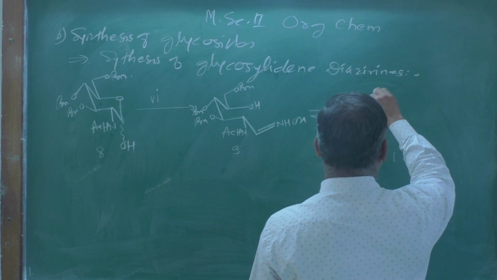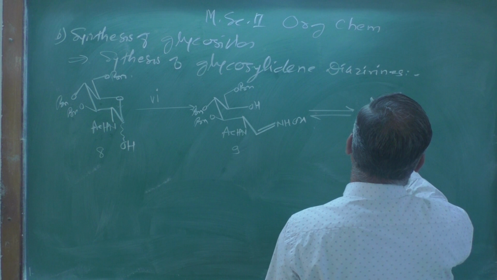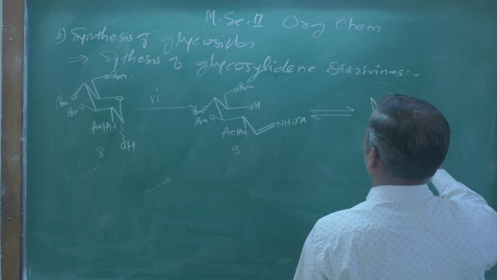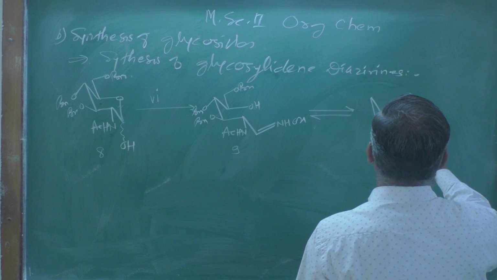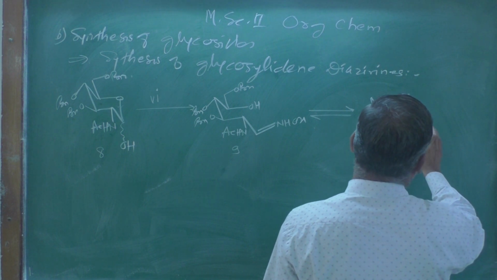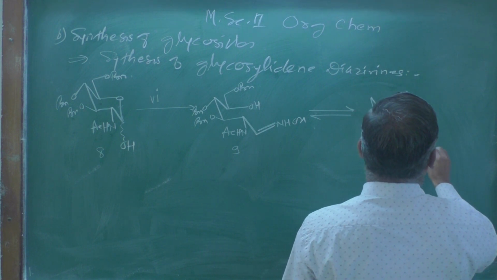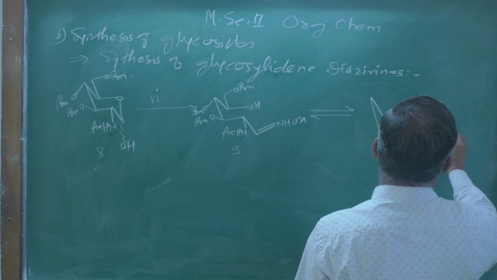See, observe the structure carefully. Then there is a ring formation. Here we can draw the double bond N, and here is an OR.